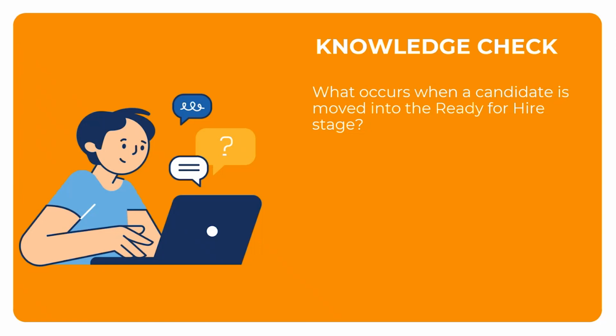And then there's one more thing, which we're going to cover today. It's almost onboarding, but we haven't actually hired them yet. So then the hire business process begins, and a task is sent to the appropriate group. Once we say they're ready for hire, that's when the hire task gets sent.